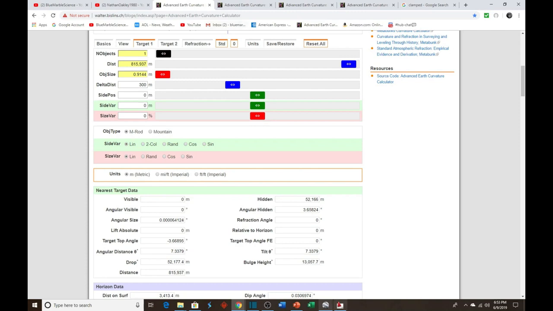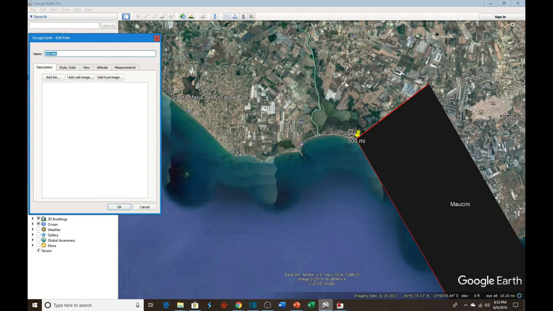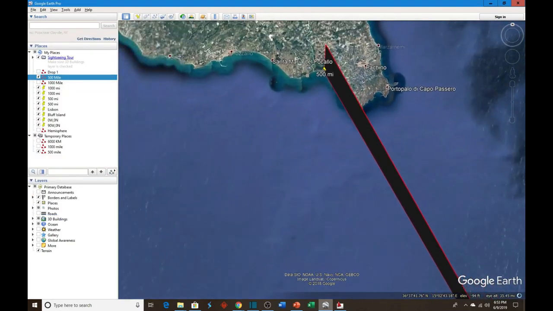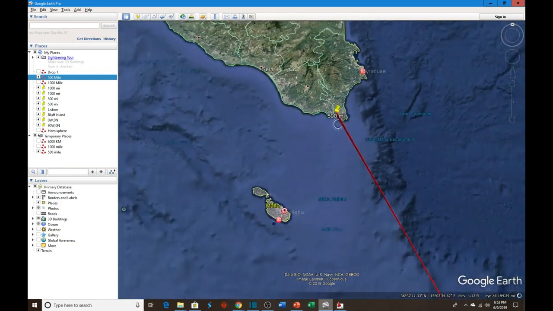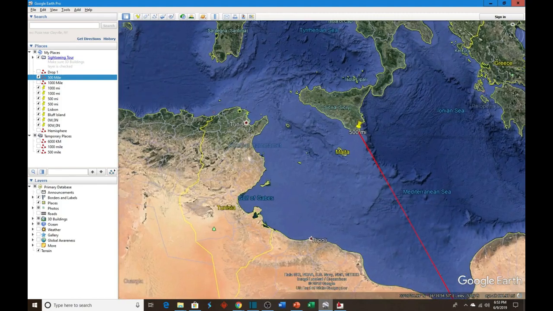So what do we have our model set for? Let's check. Properties, altitude, 13,057 meters. Now, according to Google Earth, that's actually a little bit high, and there can be a lot of reasons for that. This thing is not specifically designed to be an Earth curve calculator.